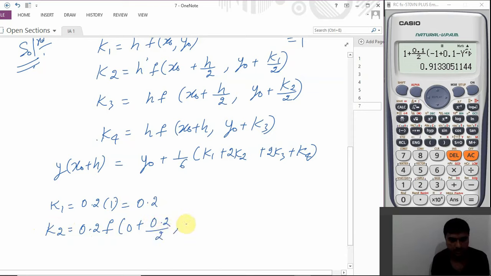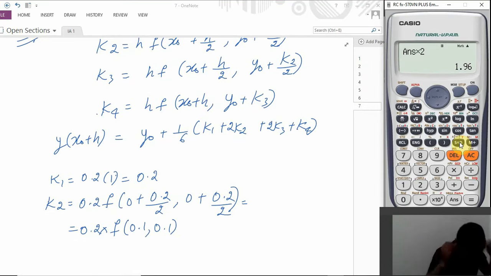Just put the value and calculate. It is asking the x value. The x value is 0.1 and the y value is 0.1, which is equal to 0.9 plus k upon 2. Put it in the calculator, friends. You have to simplify 0.2 f of 0 plus 0.2 upon 2 comma 0 plus 0.196 upon 2.